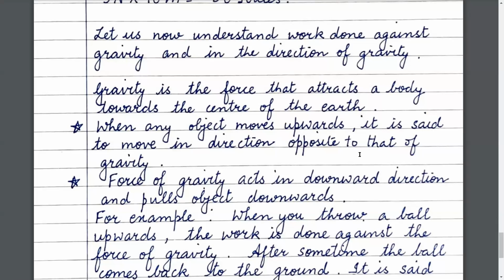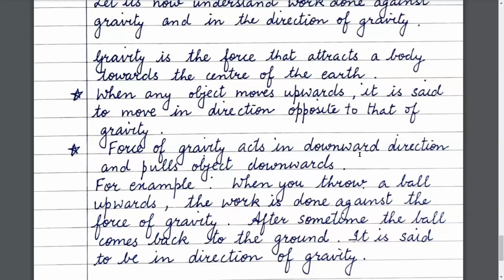When any object moves upwards, it is said to move in the direction opposite to that of gravity.